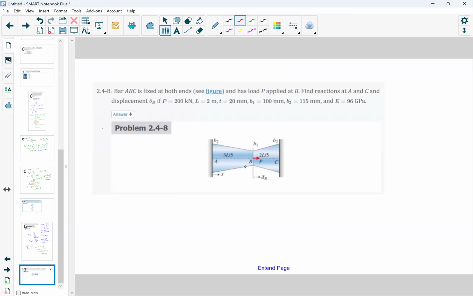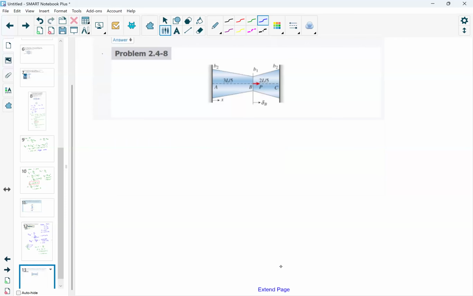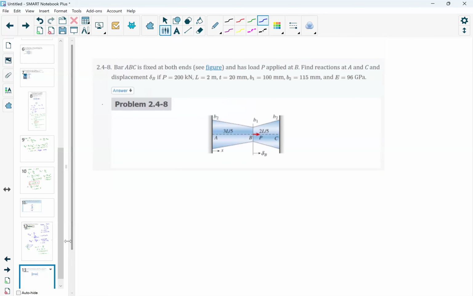The reason I want to talk about this one is because we have a slight issue going on. As I said, I got carried away when I put these together. So delta, we know delta is PL over EA. And there are, for lack of a better term, some assumptions that we make for this particular equation.